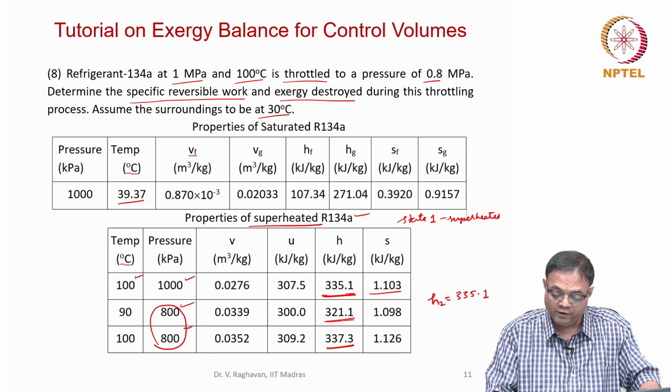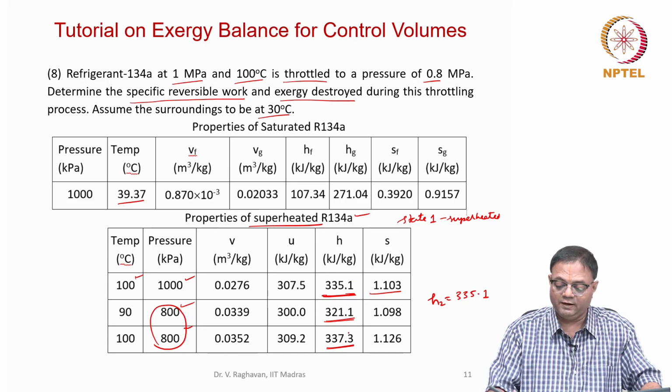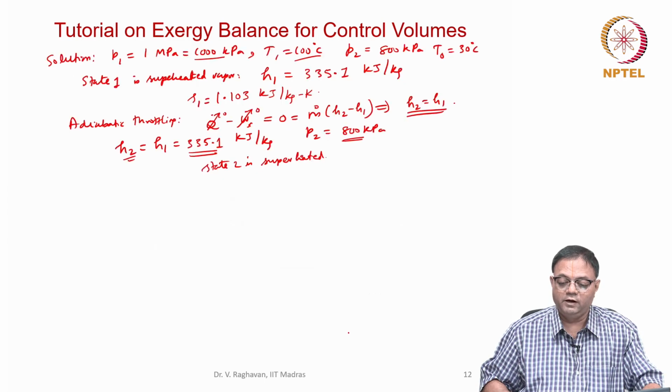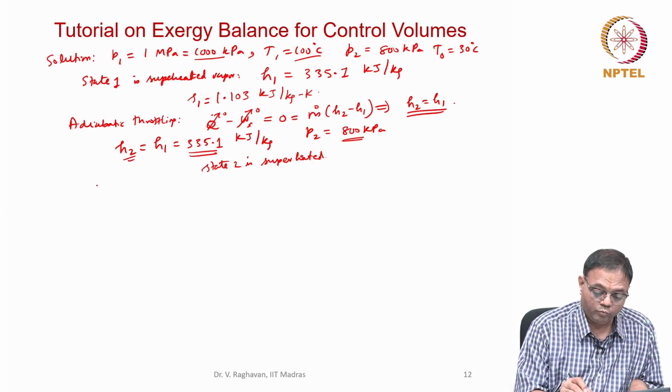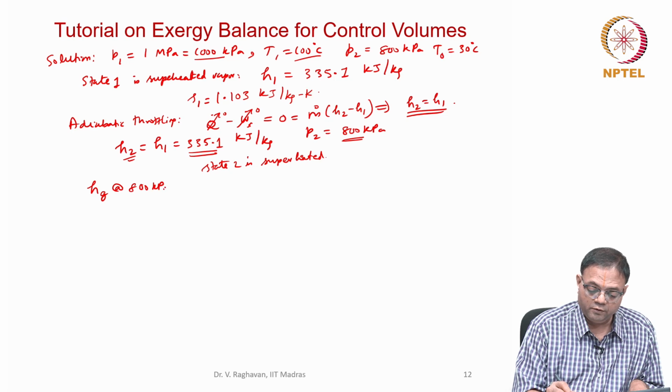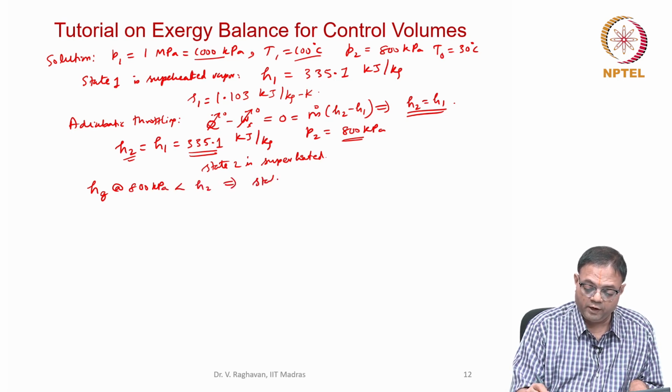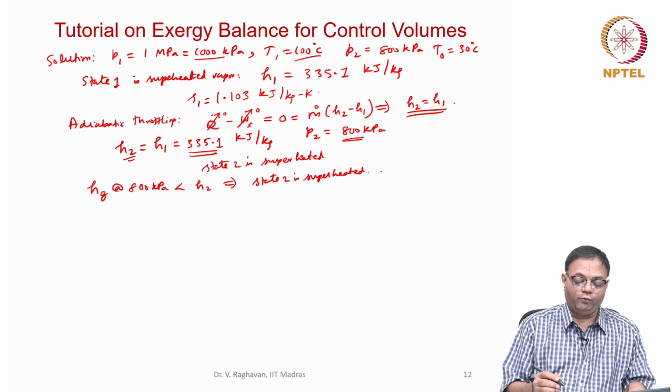That lies between the temperatures of 90 degrees and 100 degrees, and we have to interpolate linearly to get this. So, Hg at 800 kilopascals is less than H2, which implies state 2 is superheated. Just to record how we found that.